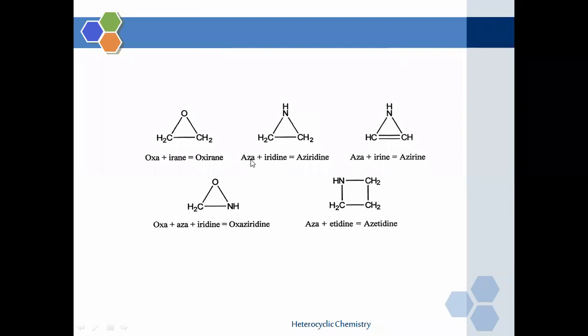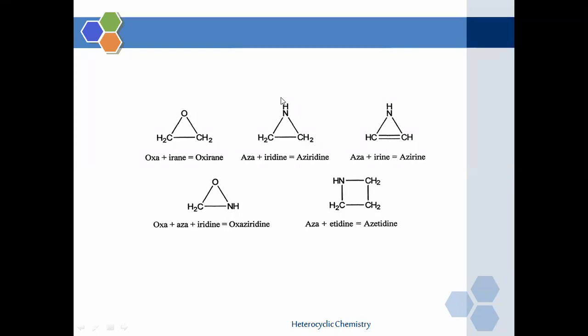So the prefix is aza, and the stem is iridine. So what is the name of the compound? Aziridine. Again, the heteroatom is nitrogen, but the compound is partially saturated and partially unsaturated. So we take only aza plus irine. What is the name of the compound? Azirine. See the difference between these two structures.